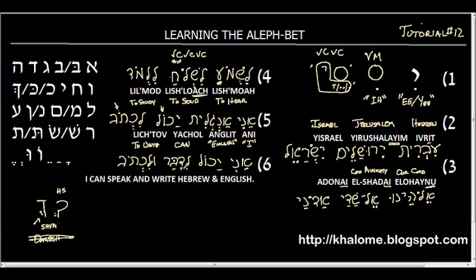So we're saying I can read and write, and then let me finish this down below. Ivrit. And in this context, it would be a vav on anglit.